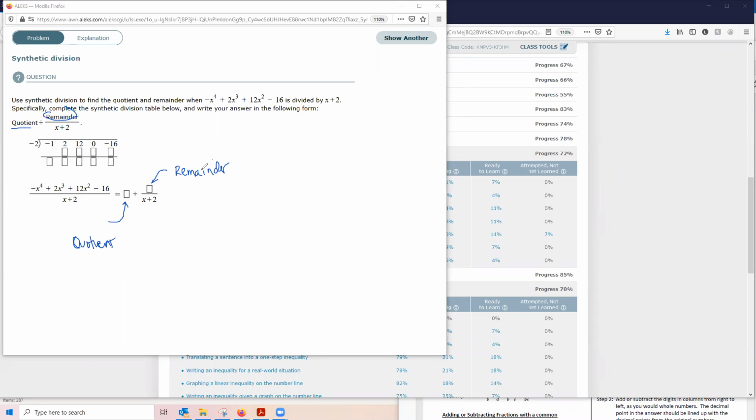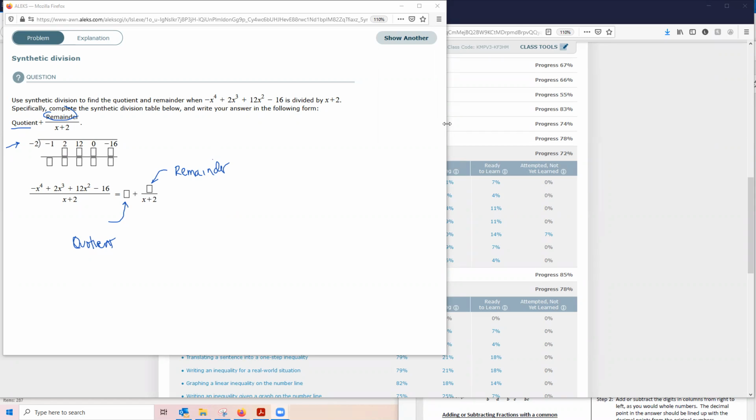Now, I could do this using long division, which is the method we just did a minute ago, or I can use synthetic division. All right, here's the way synthetic division works. Now, they've already set this up for me. I'm going to write this over here just so I have a little more room.